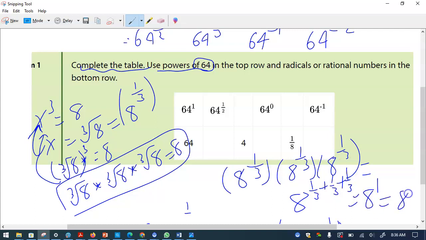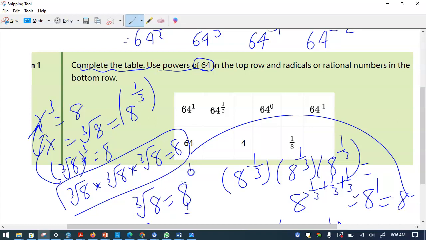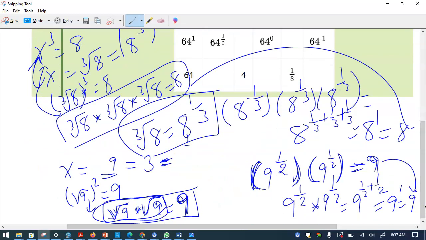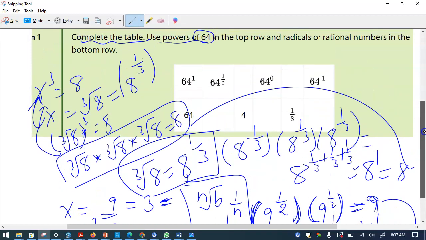So you get that 8 back, the same 8. In other words, cube root of 8 is 8 raised to 1 third. So all we are understanding in this lesson is that the nth root of b is the same as writing b raised to 1 over n.